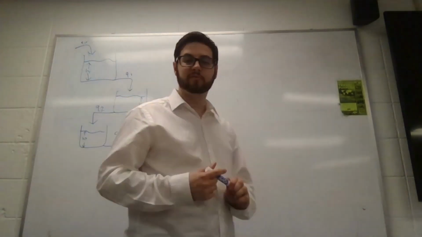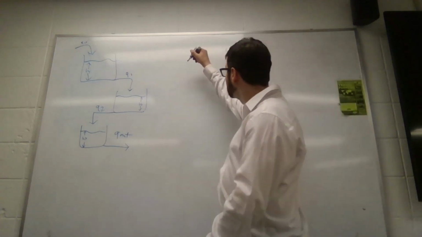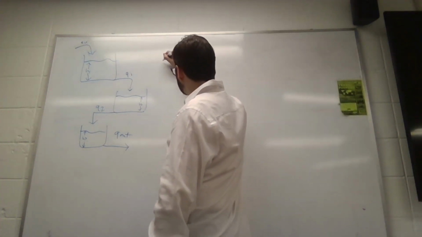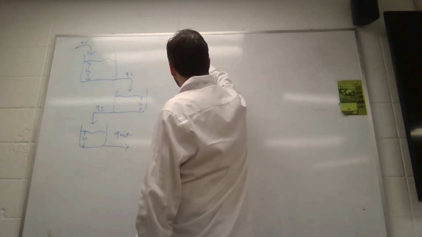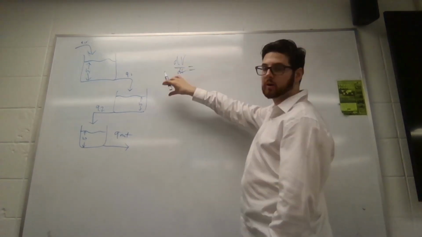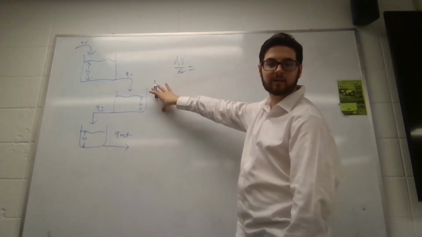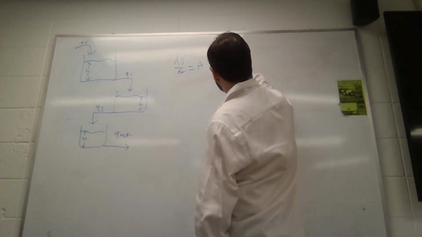So, as you may remember from the Conical Tank video, if you saw it last time, from Bernoulli's equation, we have, let me start out like this, dV over dt, and that is equal to the cross-sectional area of this tank times dH dt.